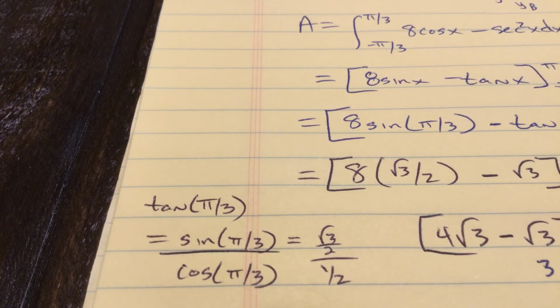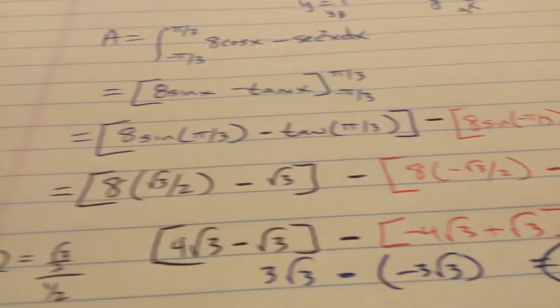Tangent is sine over cosine. No decimals, no decimals. We want to get rid of that, folks. This has an exact answer, all right? Sine of pi thirds is root 3 over 2. Cosine of pi thirds is 1/2. So tangent of pi thirds would be root 3.